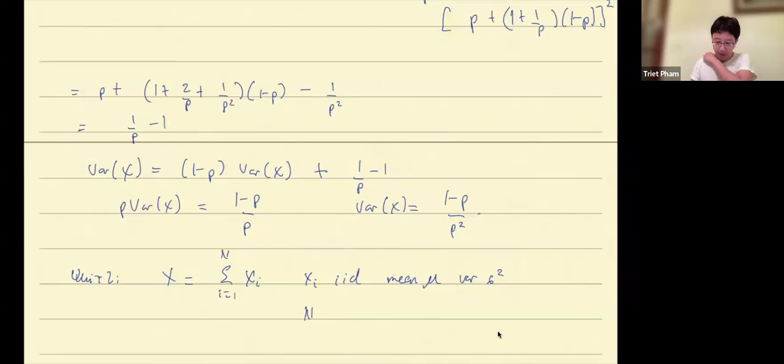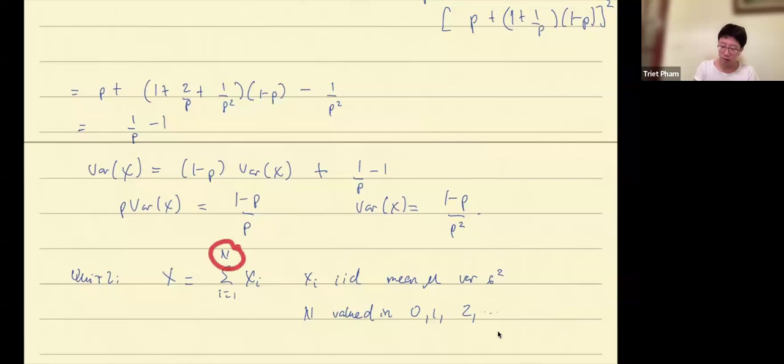But the thing we want to note is that n is a random variable that takes on non-negative integers. So n has values in 0, 1, 2, etc. I'm not sure what the notation is. I think the natural numbers don't include 0, so you have to throw that in if you use the notation natural numbers.